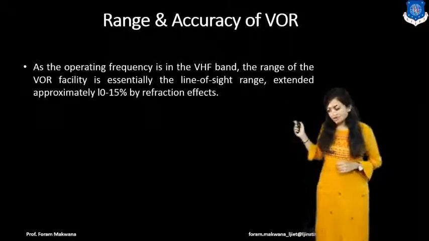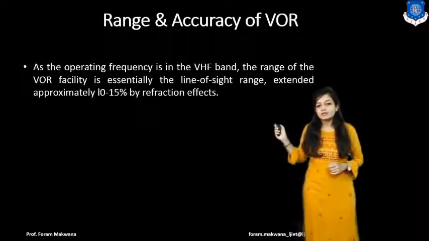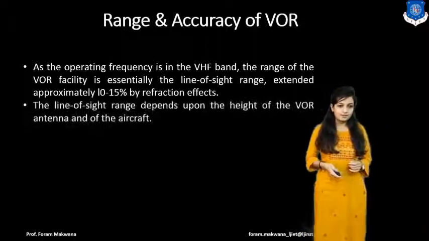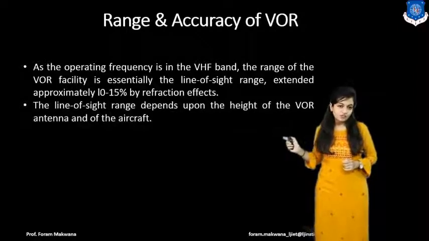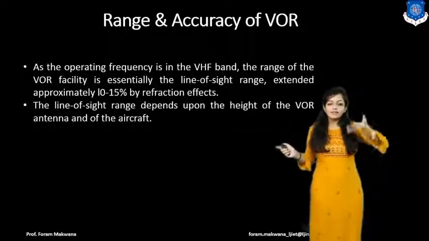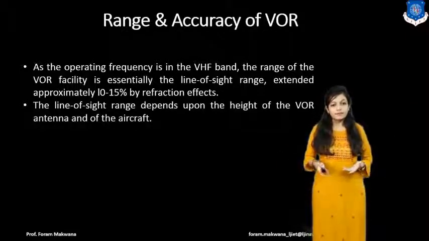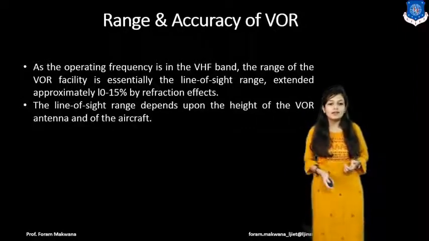It is extended by approximately 0 to 15% due to the refraction effect. But the line of sight range depends on the actual height of the VOR antenna as well as the height of the antenna at the aircraft.